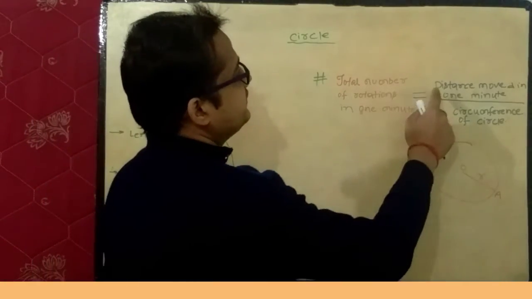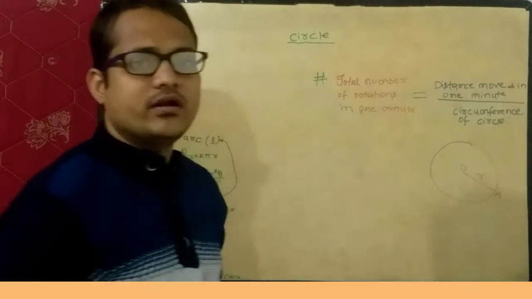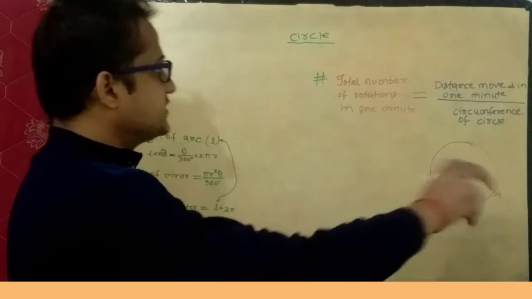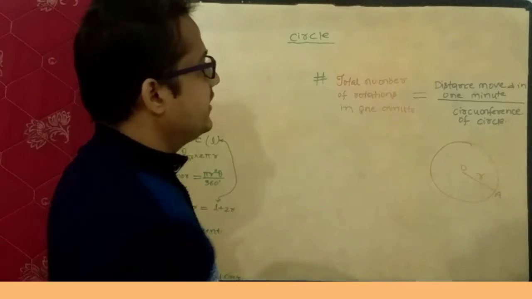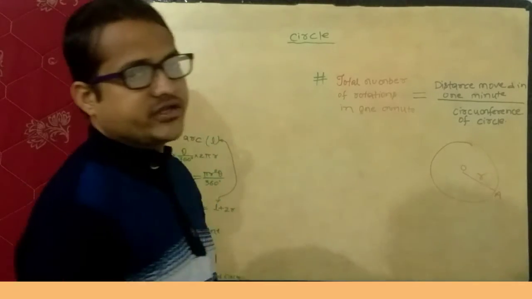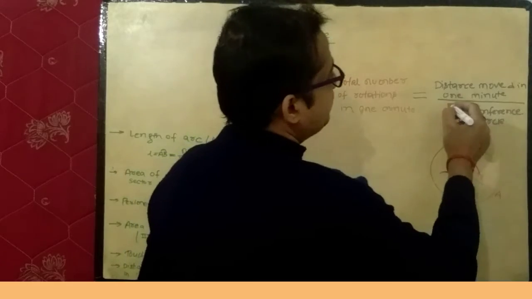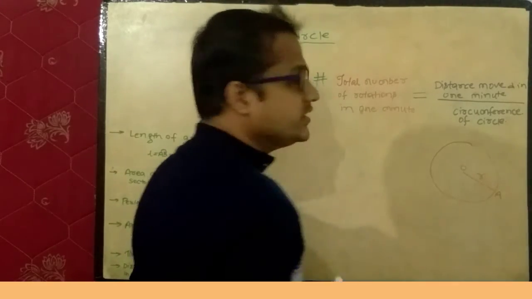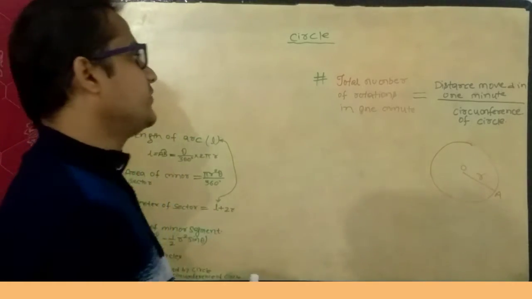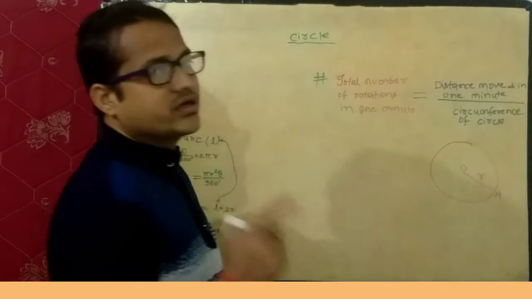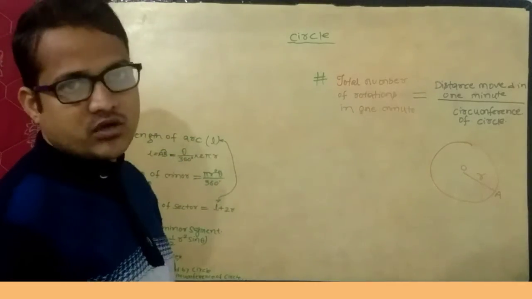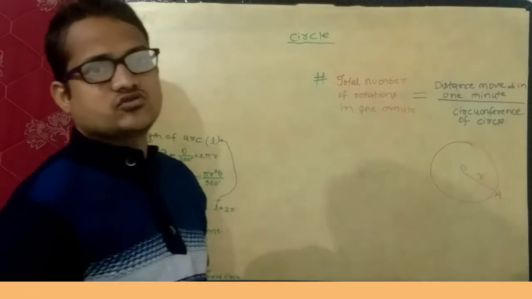If the distance moved by the circle in 1 minute is given and the radius is given, then in order to calculate the total number of rotations in 1 minute, simply take the distance moved in 1 minute by the circle divided by the circumference of the circle. This will give you the total number of rotations that this circle will cover in 1 minute.